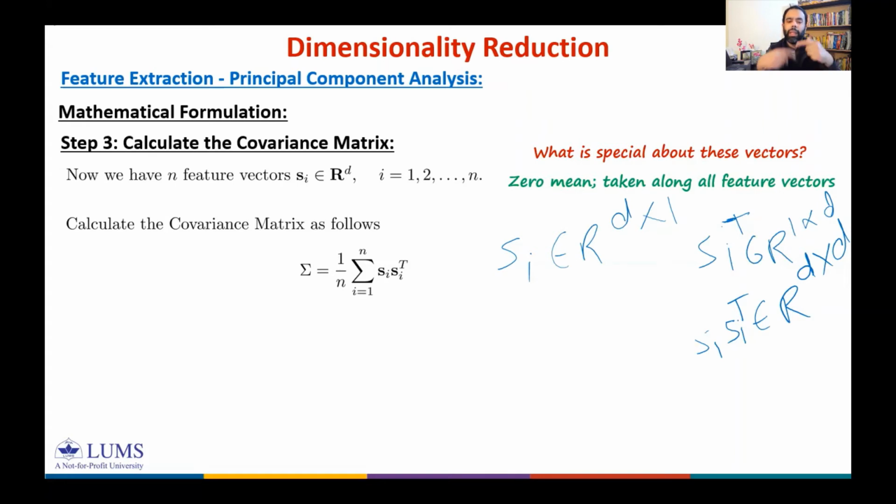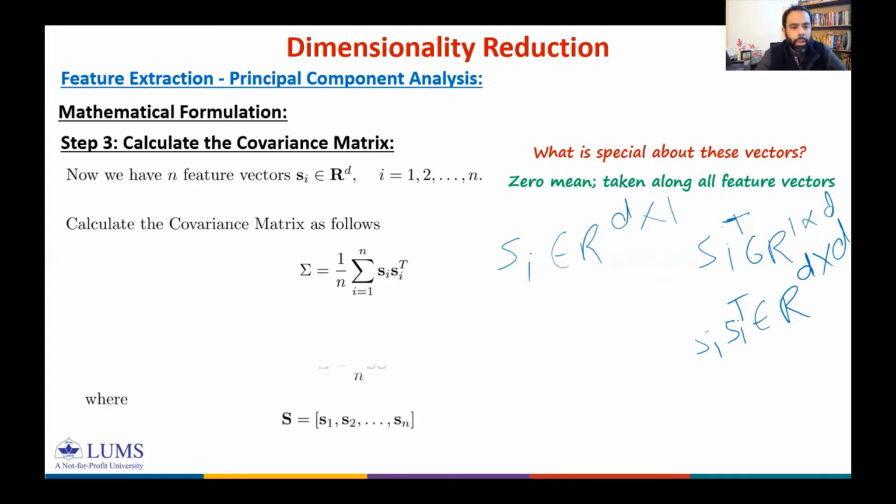And you keep on summing these matrices. When you take the outer product, you get a matrix of size D cross D, and you keep summing all these matrices. And you divide by n. This is simply normalization, an average. I will illustrate this with one example very shortly.